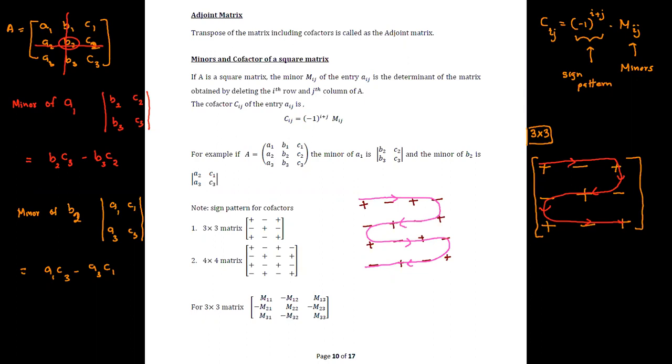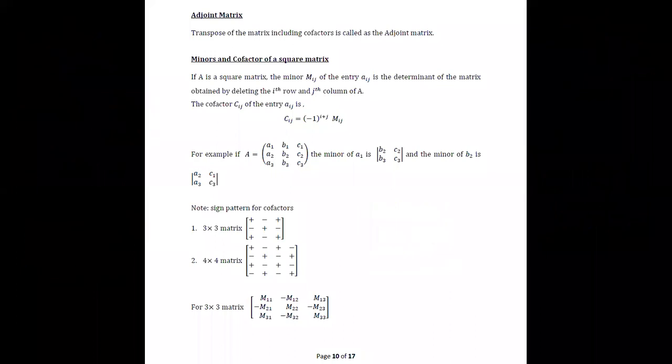Now, consider combining the minors with the sign pattern to obtain the cofactors. We have previously used the notation Mij to denote the minors for a given matrix. Then we have to combine this with the sign pattern.